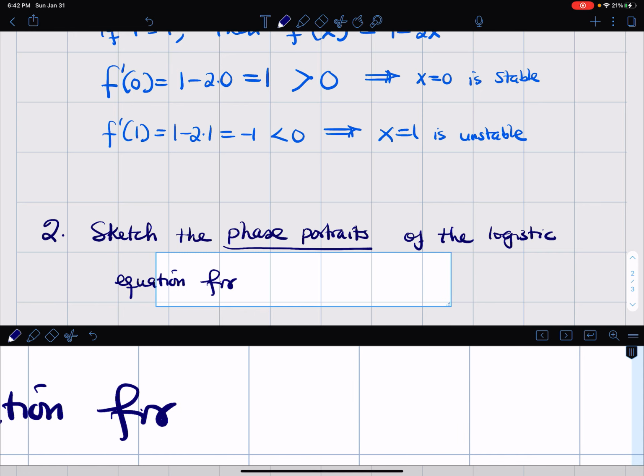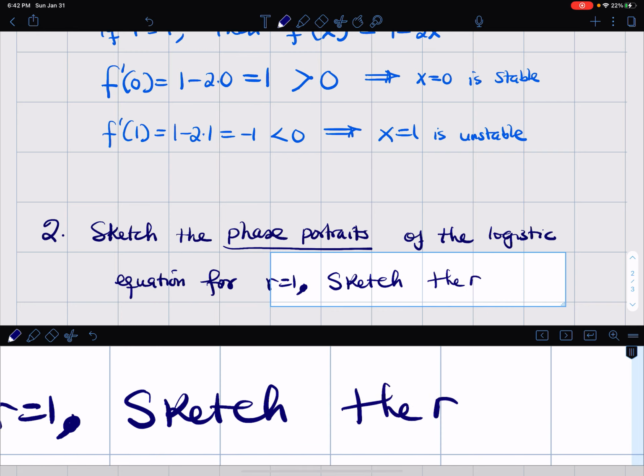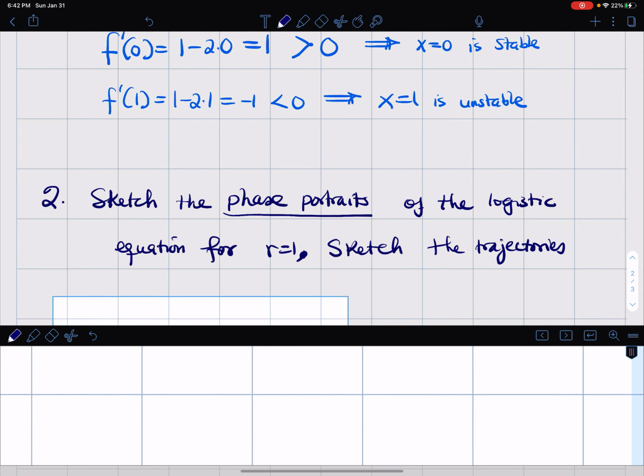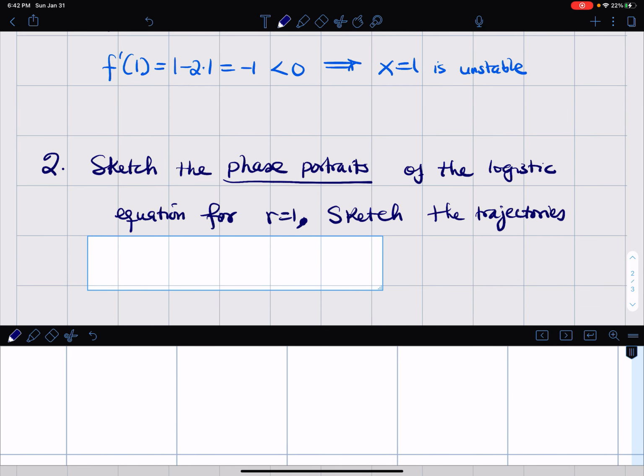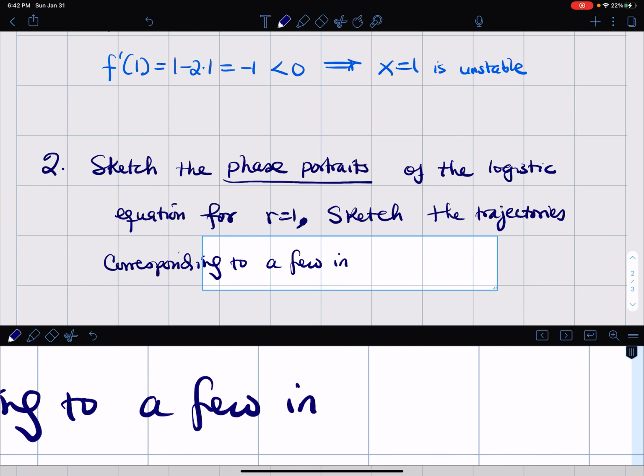For R equals 1, with R equals 1, and I would also like us to sketch the trajectories corresponding to a few initial conditions.